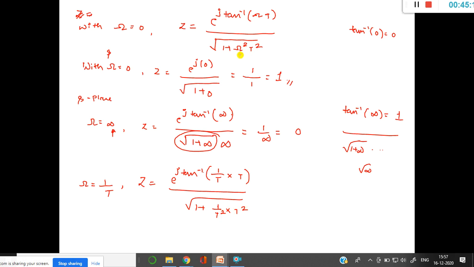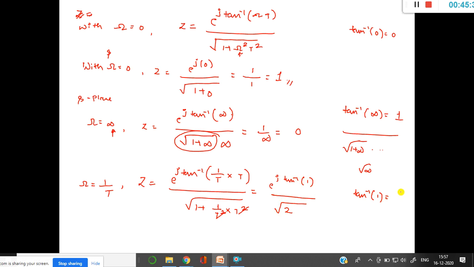So here I am putting 1 by t, and since it is whole square, 1 by t square into t square, this and this get cancelled. So I am going to get e to the power of tan inverse of 1 divided by square root of 1 plus 1, it is 2. Now what is tan inverse of 1?